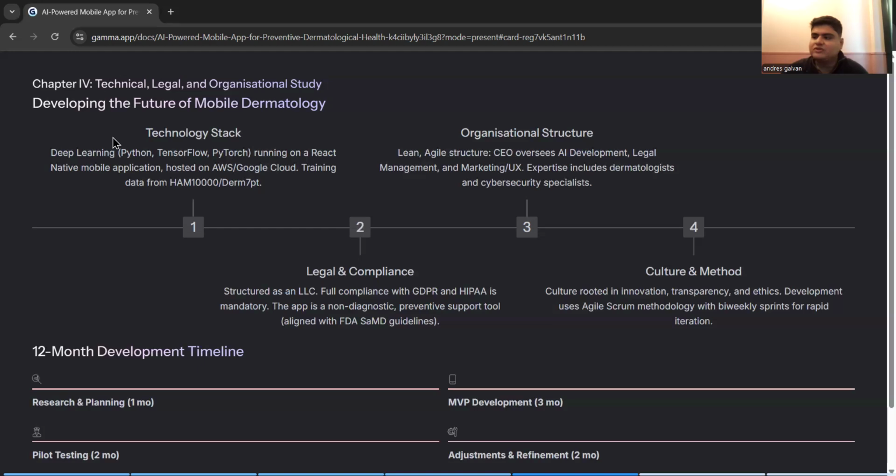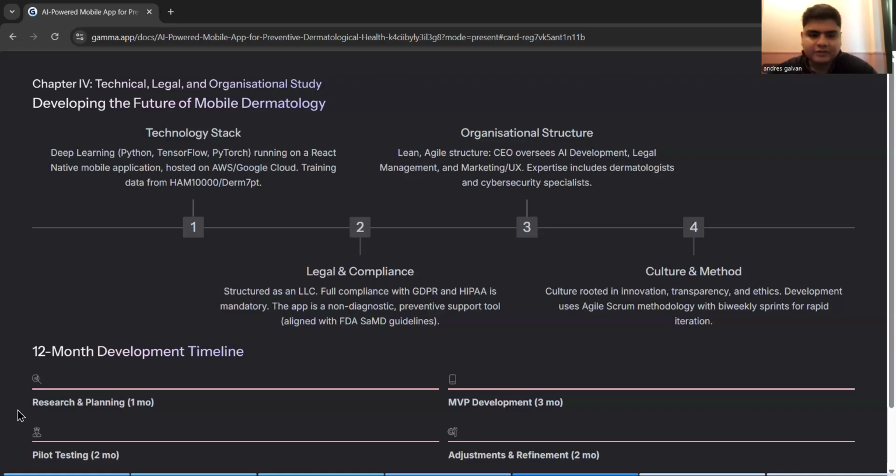So, to close this chapter, this also demonstrates a culture of innovation and transparency. Before our development timeline, I would like to mention that I have very little time in this course. We have a 12-month development timeline.